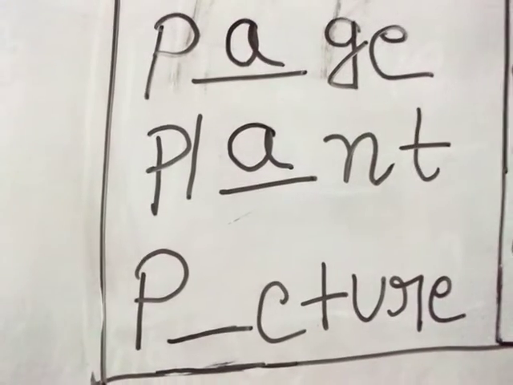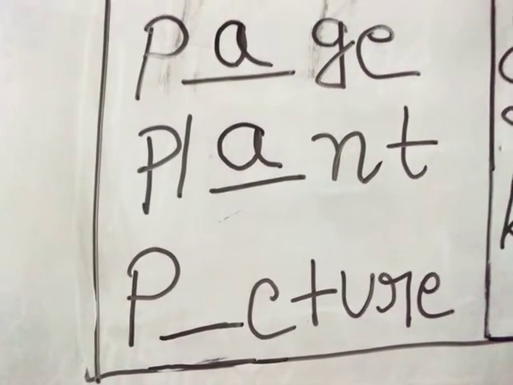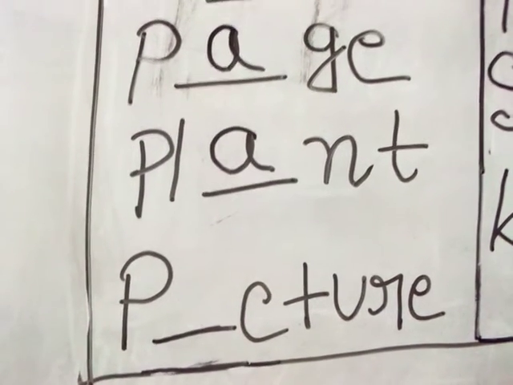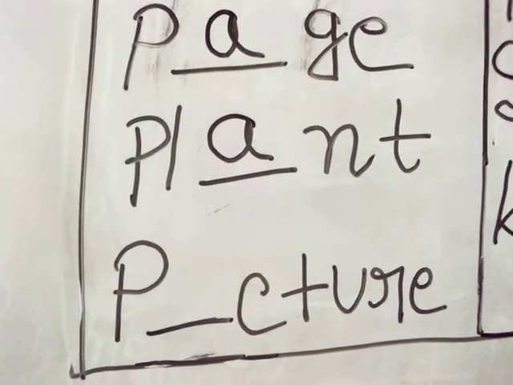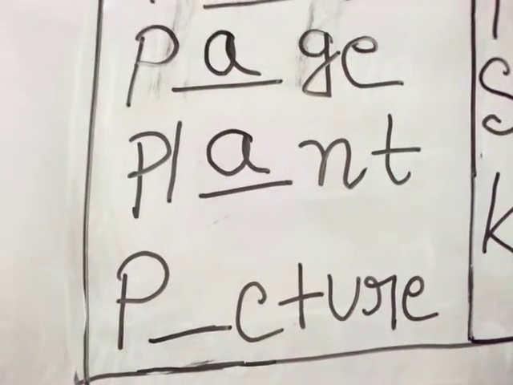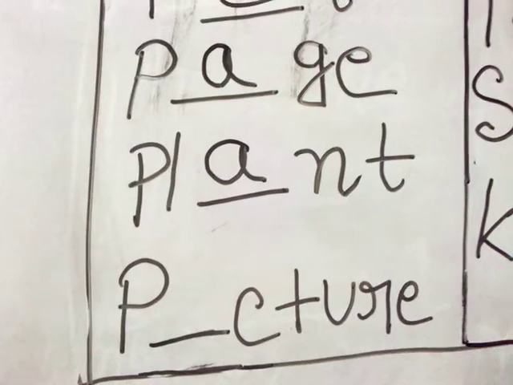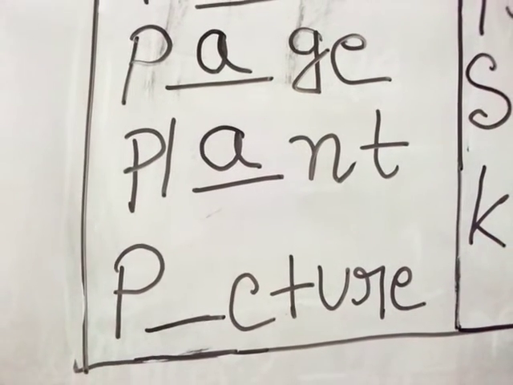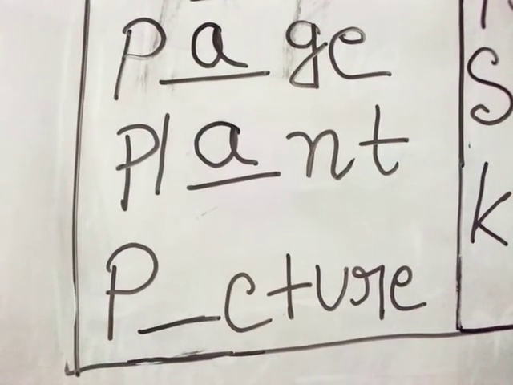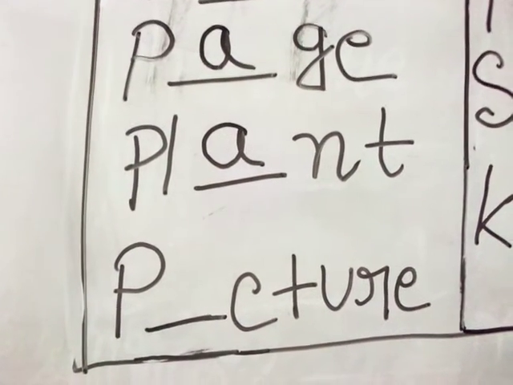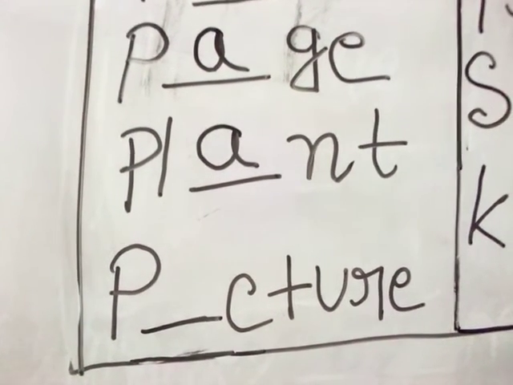After plant, we can see the next one is P dash C TURE. If I put O here, it becomes POCTURE. Have you ever heard any word like that? At least I haven't, so I think you also never heard such a word. If I put A, then it becomes PACTURE. No, it's not a familiar one.